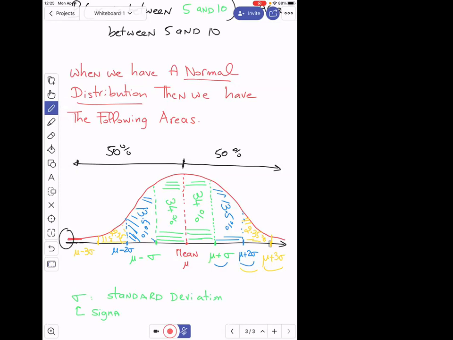Okay, so we can continue with our areas, like after mu minus sigma, you can have mu minus 4 sigma, etc., right?